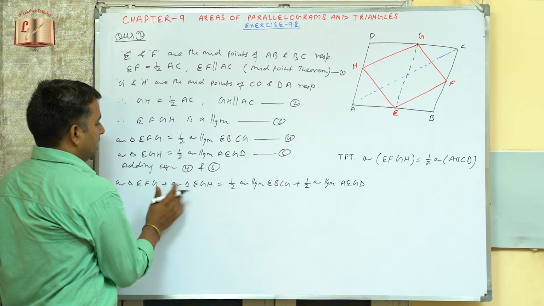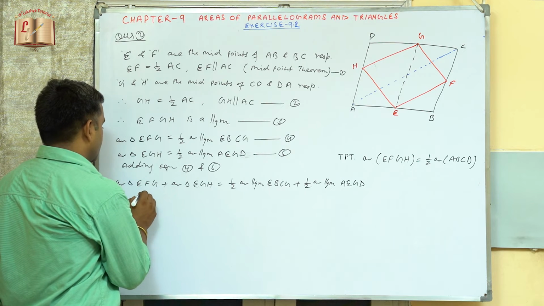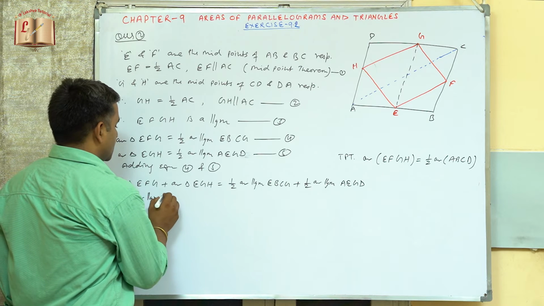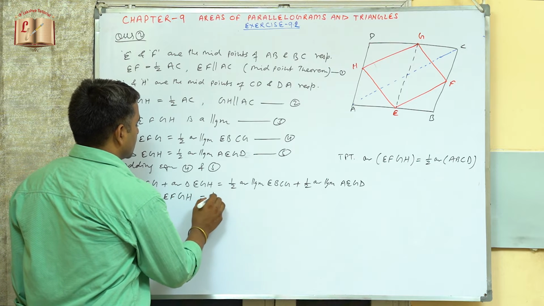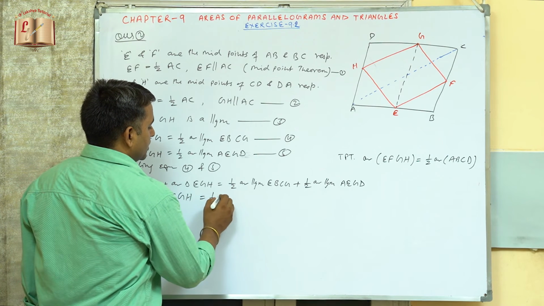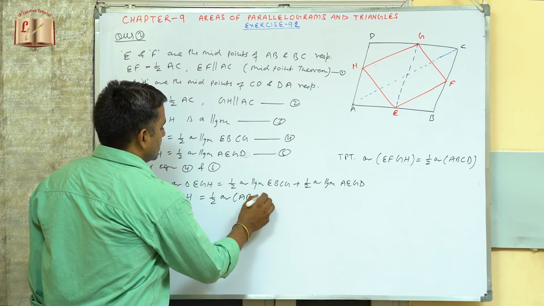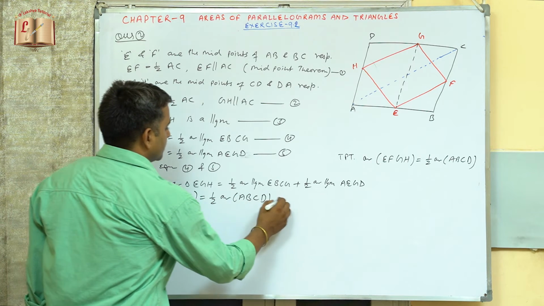So this area is equal to the area of parallelogram EFGH. This is equal to half of the area of ABCD. So now this is proved.